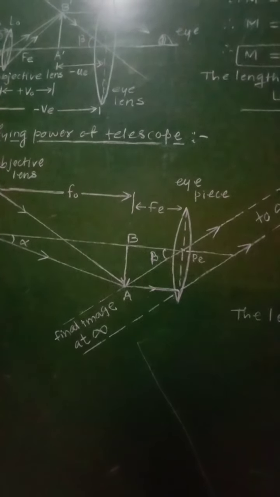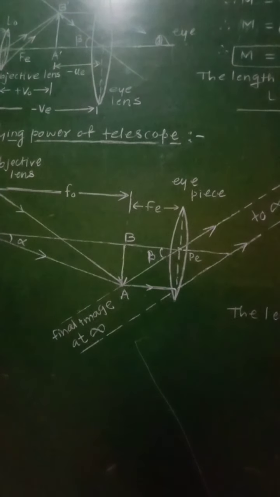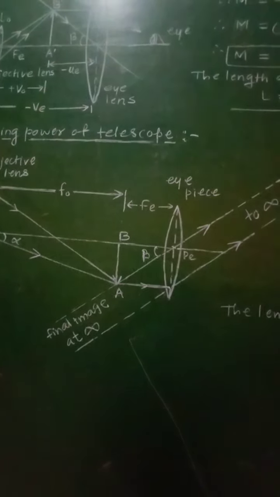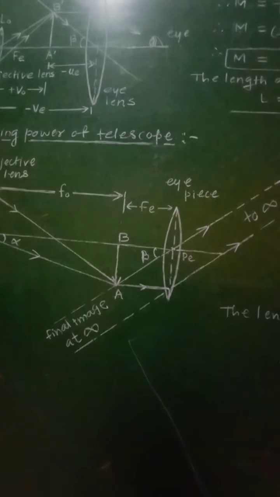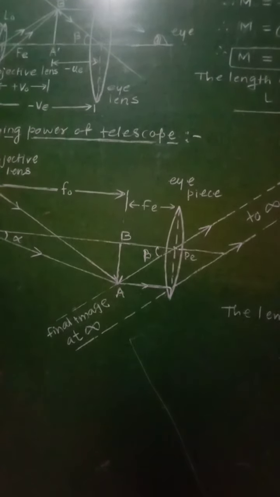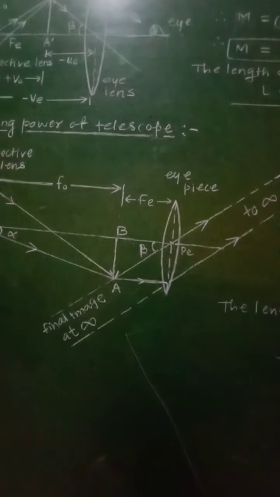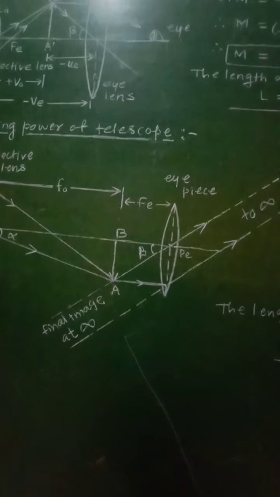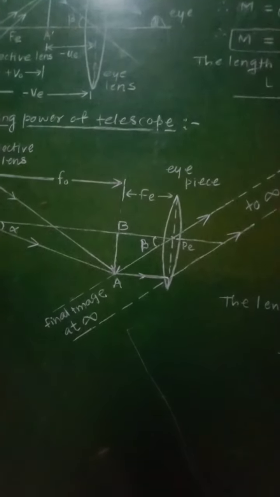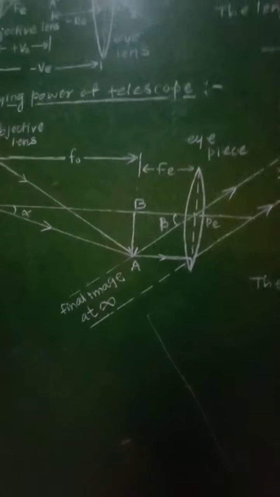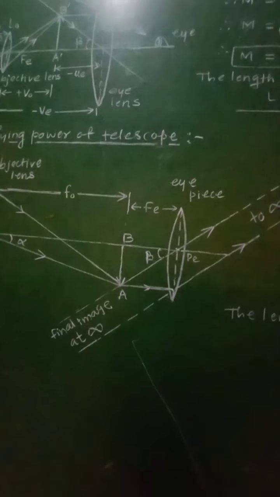Then the rays refracted beyond the eye lens form a parallel beam inclined at an angle beta with the principal axis, resulting in the image also at infinity. So in this case the final image will be formed at infinity.